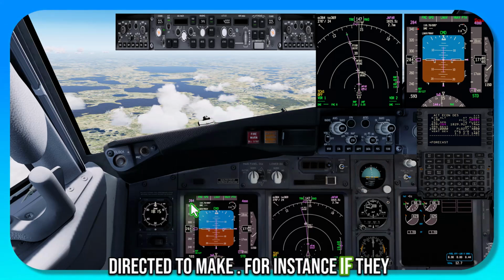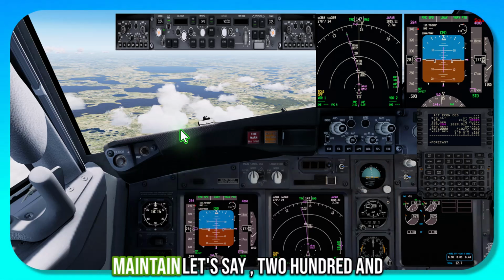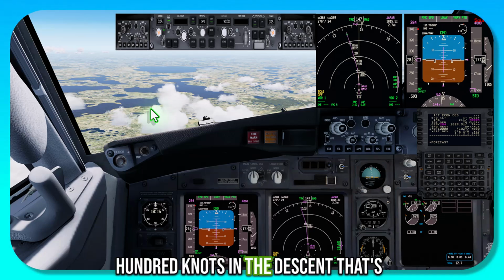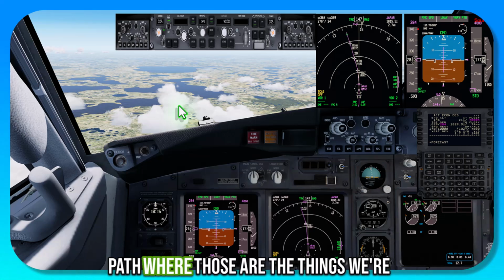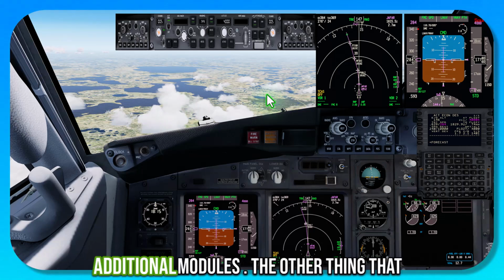For instance, if they change our airspeed, if they tell us to maintain, let's say, 270 knots in the descent, or 300 knots in the descent, that's going to change the calculation of the path. Those are the things we're going to go over as we make some additional modules.